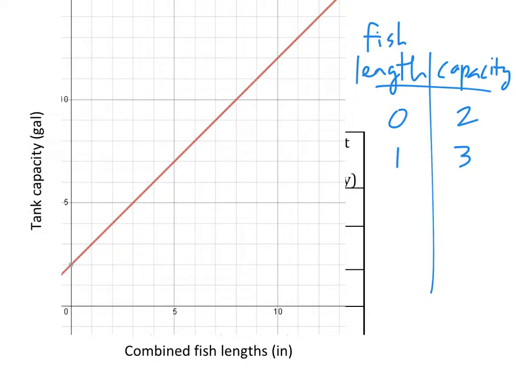I've never seen a fish that small. Okay, so if your fish length is 2, then capacity is 4. So if your fish length is n, what's the capacity? N plus 2, very good.